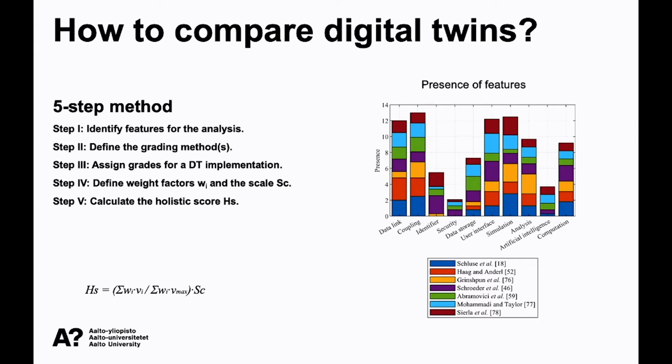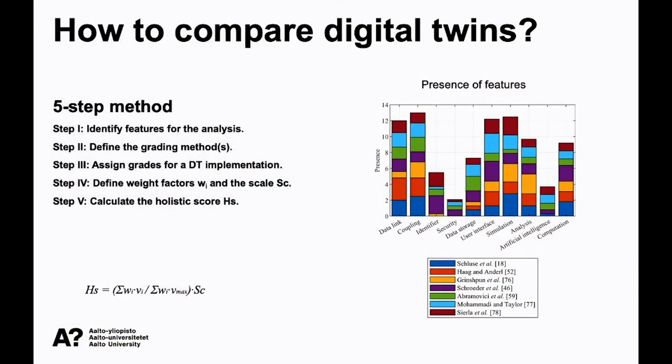Then assigning grades based on the grading method for a single digital twin implementation. Then defining weight factors and scale. They are used to calculate the holistic score. It's just one number of how good a digital twin is, and it is calculated.